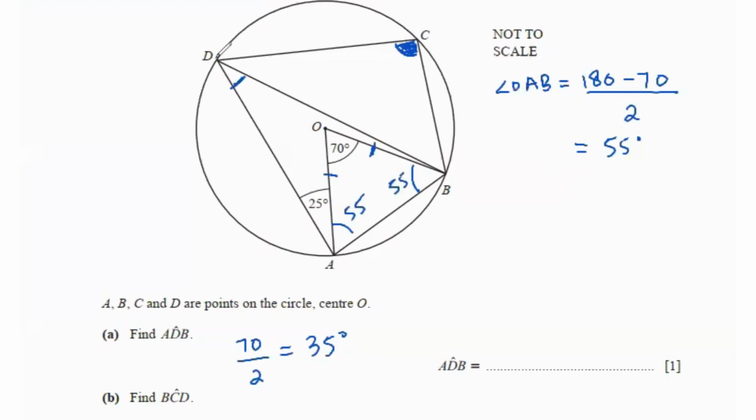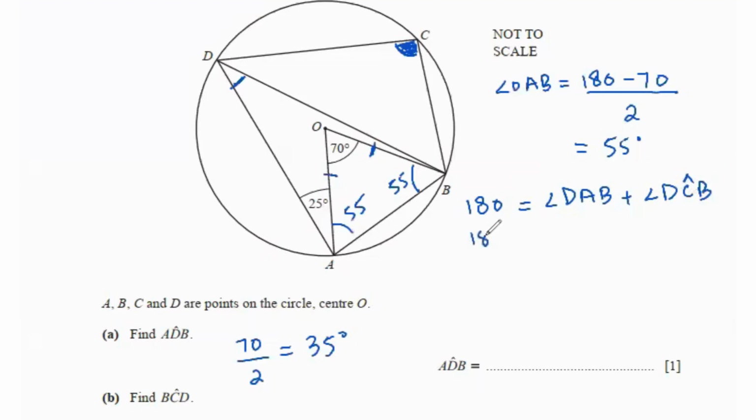So now quadrilateral ADCB is a cyclic quadrilateral because all of the vertices are touching the circumference. If they weren't touching the circumference, then it wouldn't be called a cyclic quadrilateral. So since it's a cyclic quadrilateral, opposite angles in a cyclic quadrilateral add up to 180, which means 180 would equal angle DAB plus angle DCB.